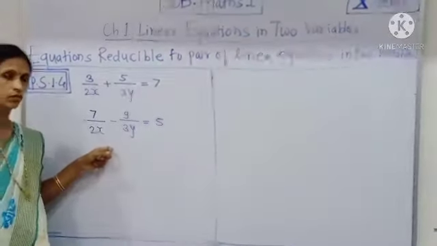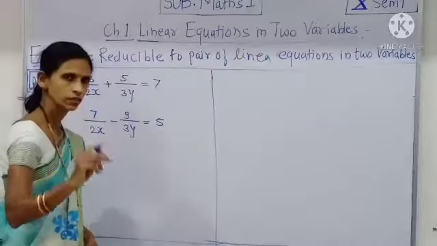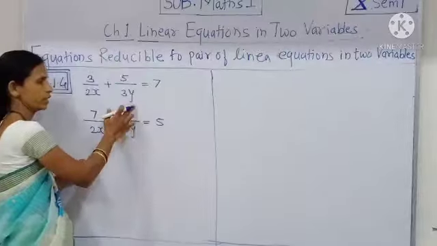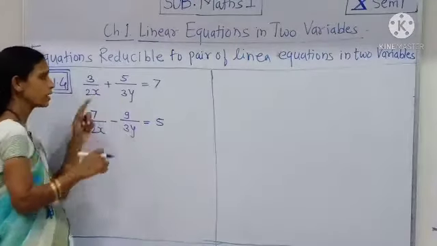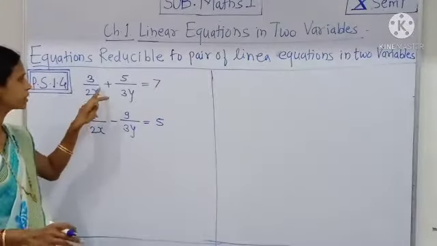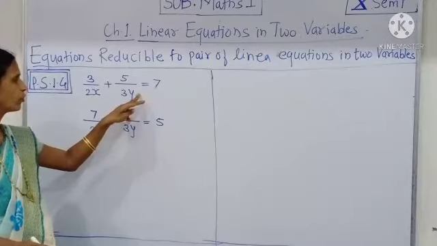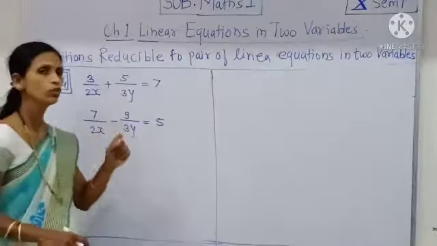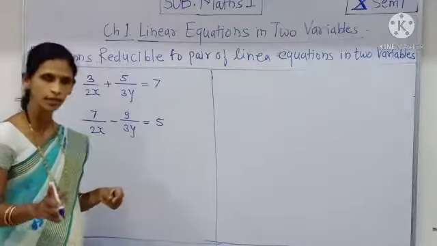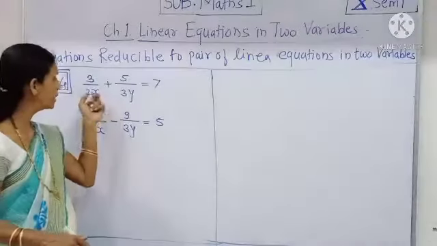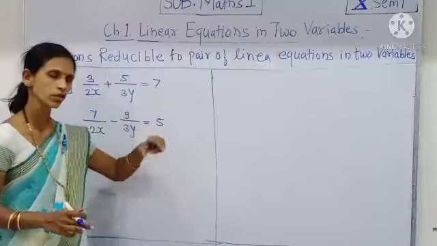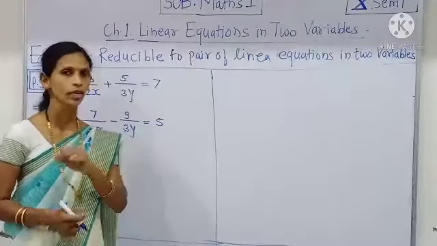I have already mentioned that if x and y variables are in the denominator, then their degree is negative. That means here the degree of x becomes minus 1, as well as the degree of y becomes minus 1. Therefore, it is not a linear equation in two variables. Two variables are there, but the degree of these equations is not 1.